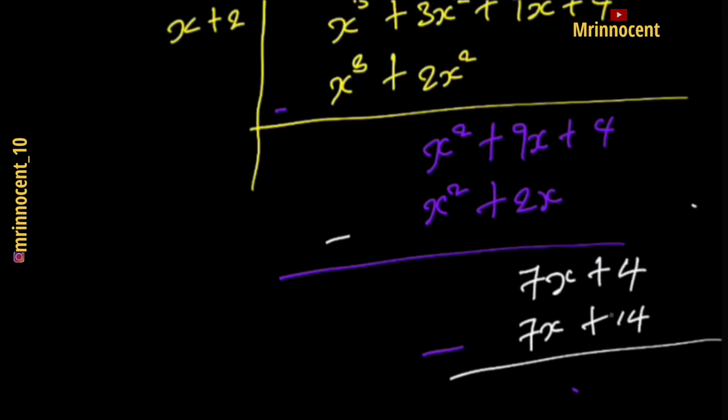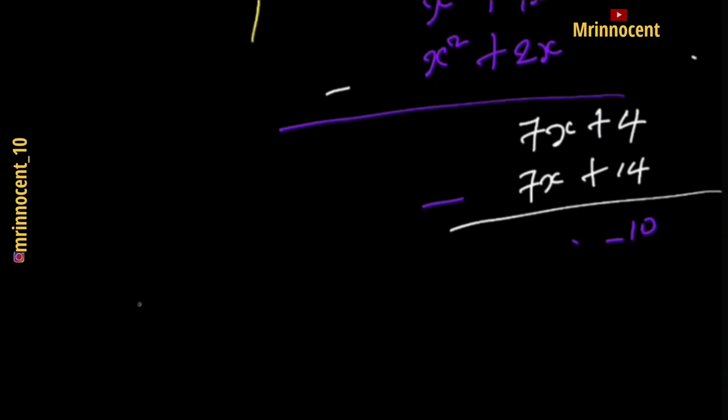You have 4 minus 14 is minus 10. 7x minus 7x is 0. So your answer is x raised to the power 2 plus x plus 7, remainder minus 10.